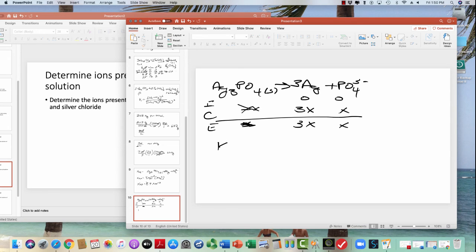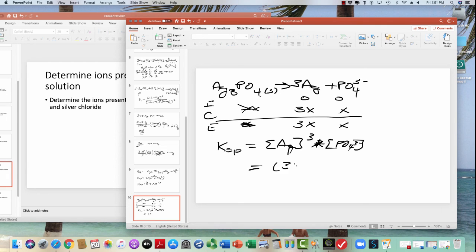Now our Ksp, our equilibrium expression, is going to be equal to the concentration of silver cubed times the concentration of phosphate. So we put in these values for the concentration.